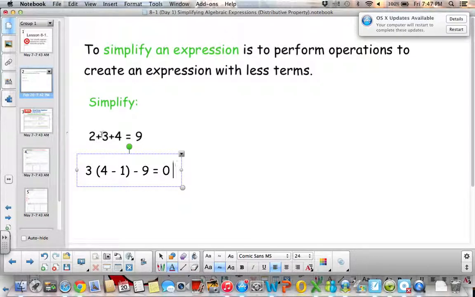Now that we have 2 plus 3 plus 4 equals 9, now it is an equation, but our simplified version would be 9. Okay, so the difference is an expression does not have an equal sign, while an equation does.